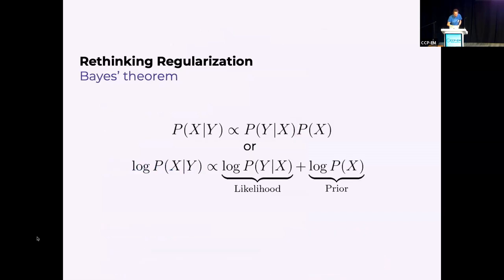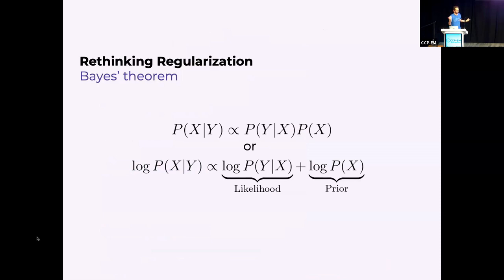Let's go to regularization. One of the main contributions of Relion was the formulation of an explicit regularized likelihood function, where we use Bayes' theorem to combine the likelihood of observing the data given our model with some prior knowledge about the model. That prior knowledge is in the absence of measuring any data.